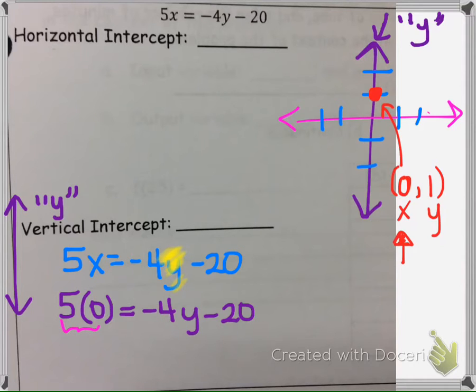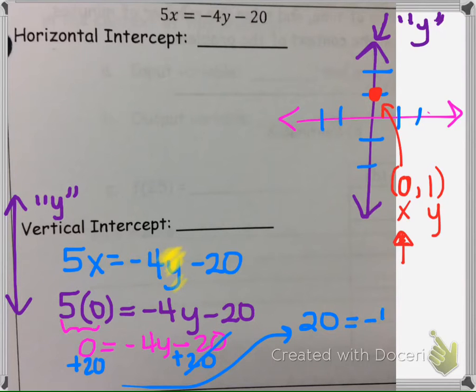So we have 5 times 0 is 0. And then we're going to add 20 to get the y by itself. So we have 20 equals -4y. And then divide both sides by -4. And we have that y is -5.